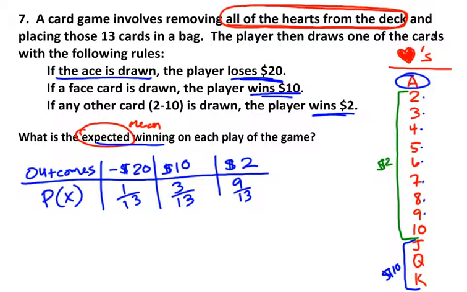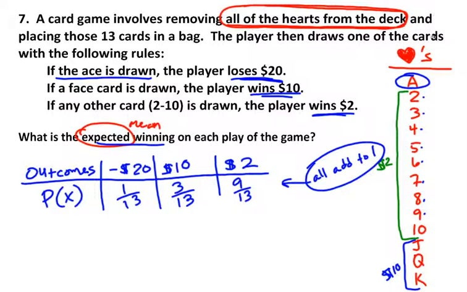And again, double check. Make sure all of your probabilities add up to 1, or 100%. You can't have any negatives. All the probabilities have to be positive. They have to be between 0 and 1, and they all have to add up to be 1.